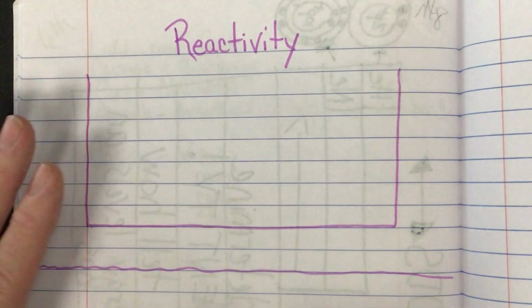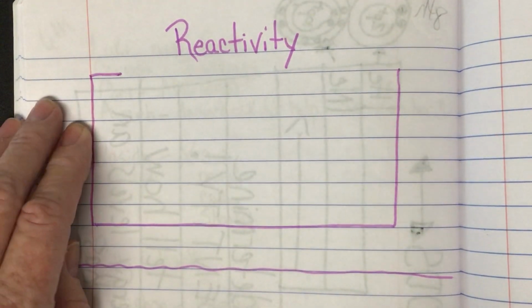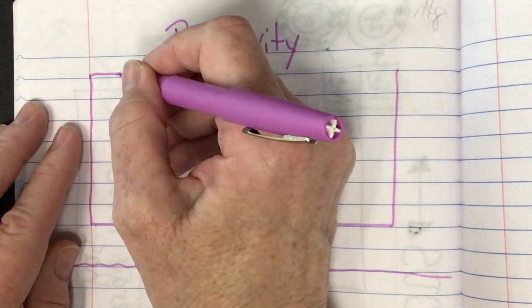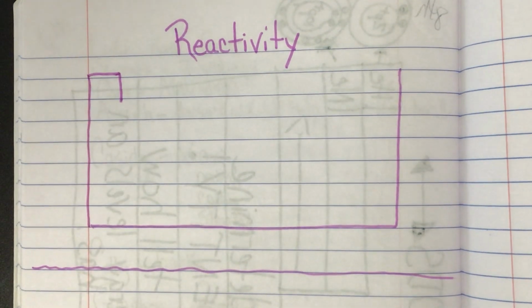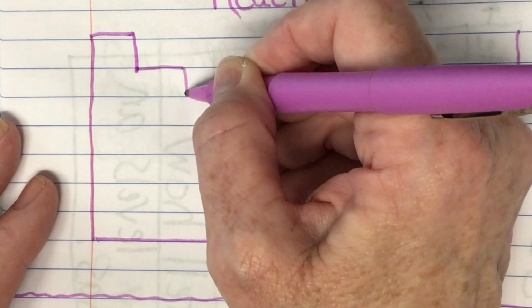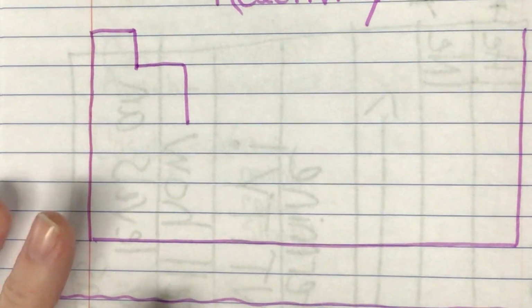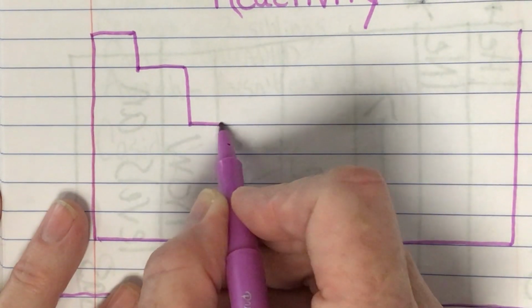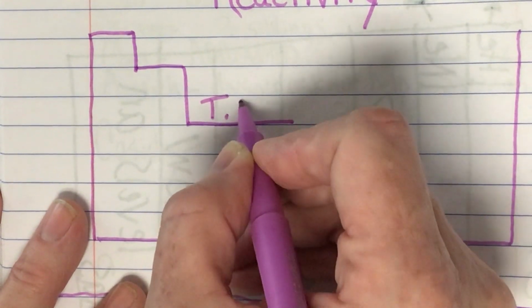Now let's get the groups done. So we're going to go over just a space, and then we'll go down a space, and then we'll go over a space, and I'm going down about 2 spaces, 2 elements worth. And then we're going to skip over, these are called the transition metals.